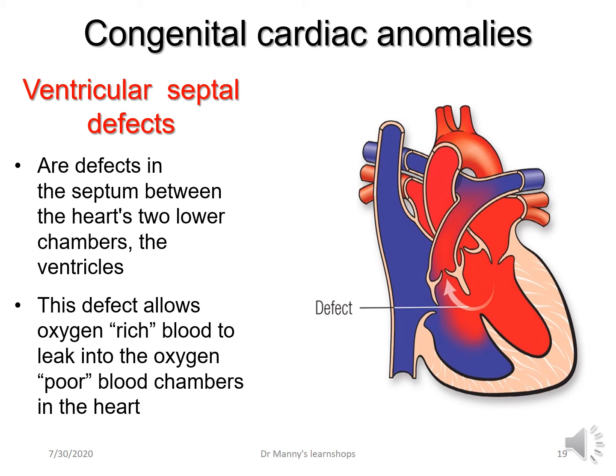Here's a common condition as well, called a ventricular septal defect. As with the atrial septal defects, there are numerous defects in their location, in their severity, in how they affect the patient. However, ventricular septal defects are defects in the septum between the lower chambers, the right and left ventricle. And this defect allows, again, oxygen-rich blood to shunt or leak into the oxygen-poor right-sided heart chamber, the right ventricle.